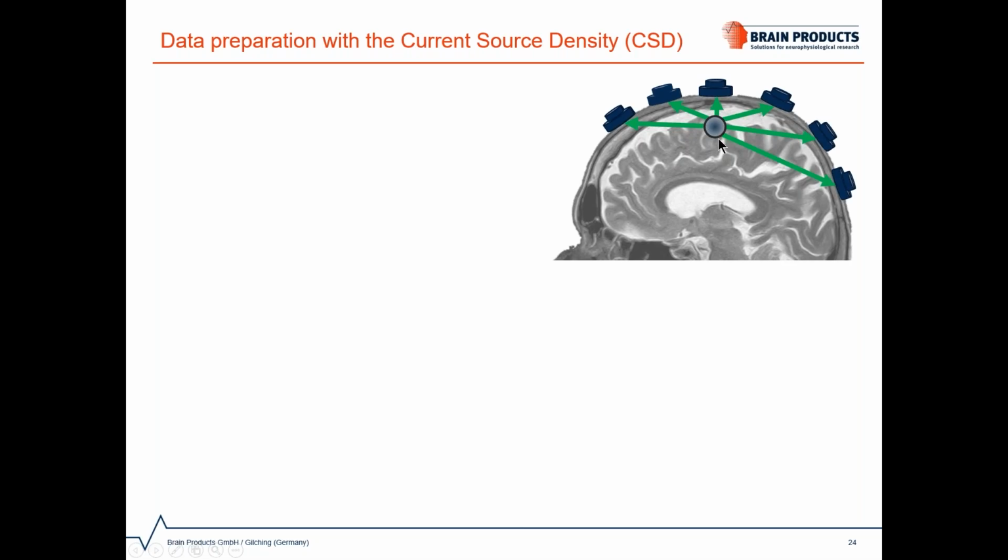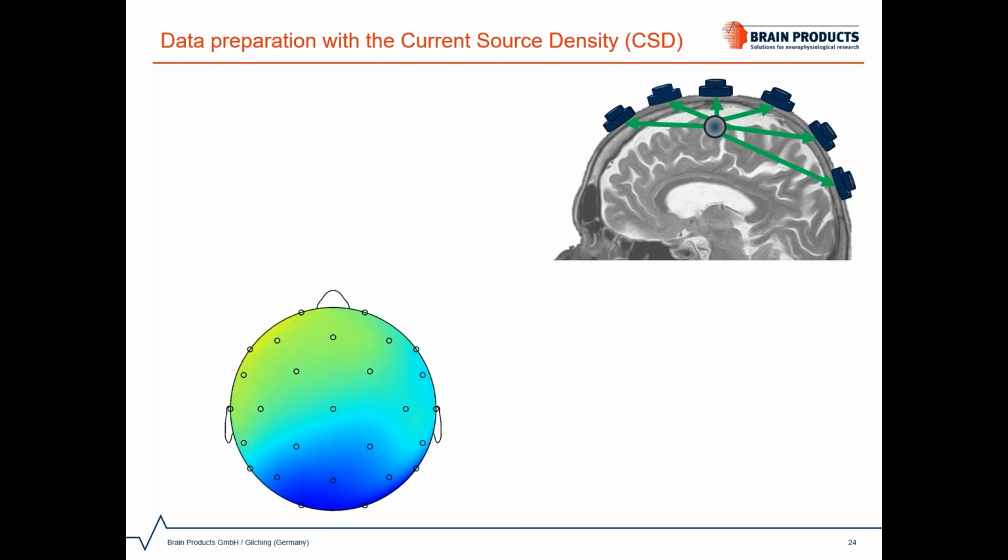For connectivity, this is a particular problem since synchrony between sensors might reflect the same oscillation and not real neural interaction. Signals that are mixed in this process lead to dominant low spatial frequencies in the EEG data. And on the voltage map, they hide most of the local activity and only show one global voltage distribution.